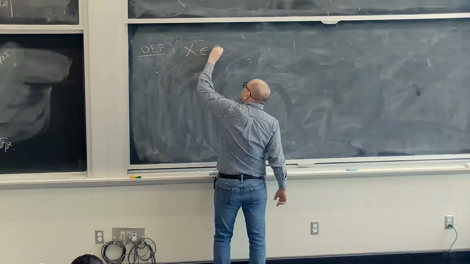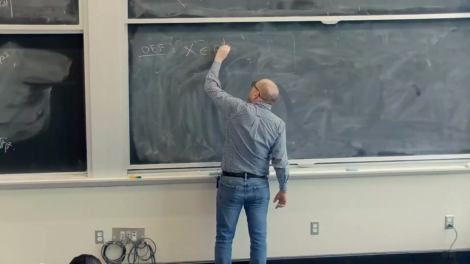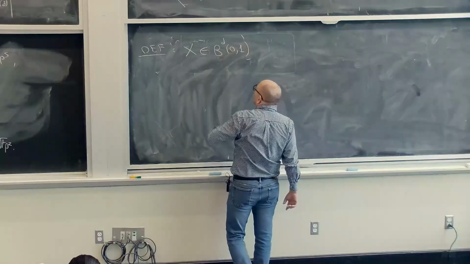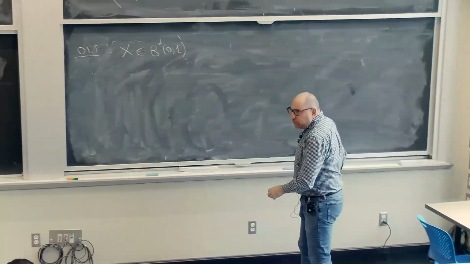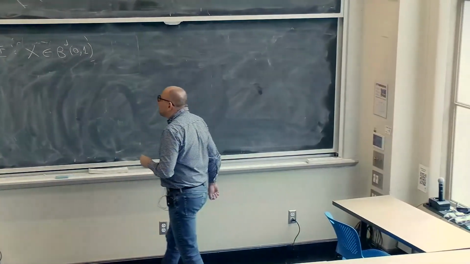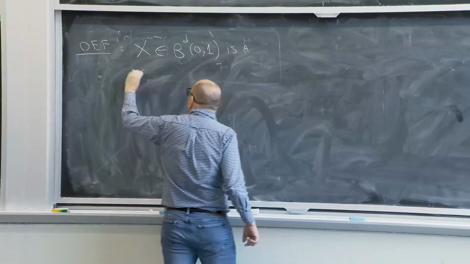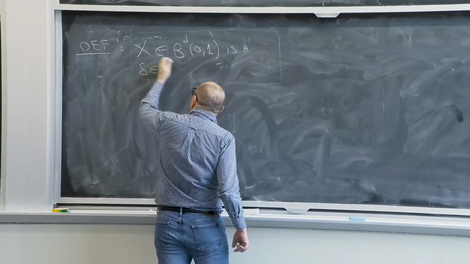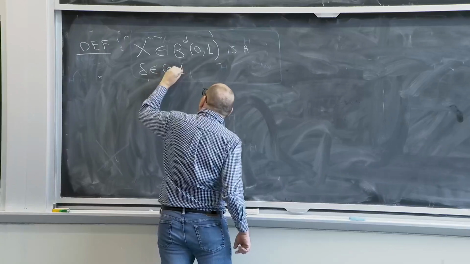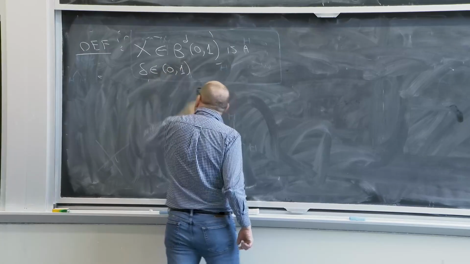A subset of the unit ball in R^d. We just want to fix some region of space, so why not fix the unit ball. Let delta be between 0 and 1, not 0, and maybe also not 1.